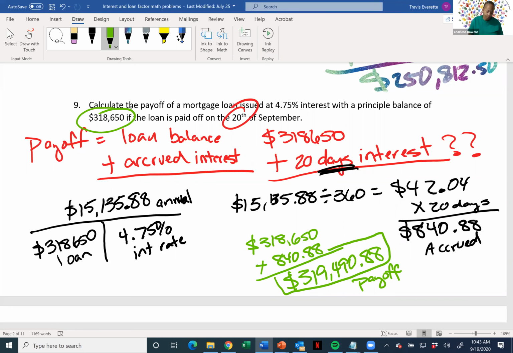They think they're paying 318,650 because that's what they see on their statement. They don't think about the interest. Is that other $840 a substantial amount of money? Yes, for some people, that's $840 less they're going to get from that closing. So it is a very practical application.